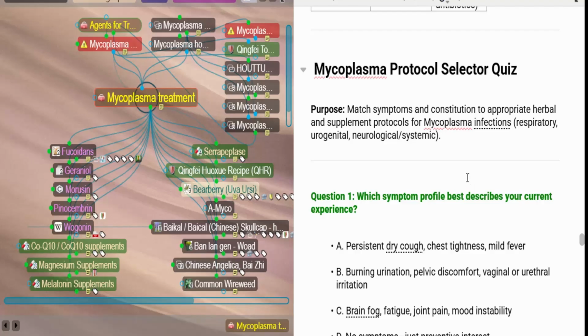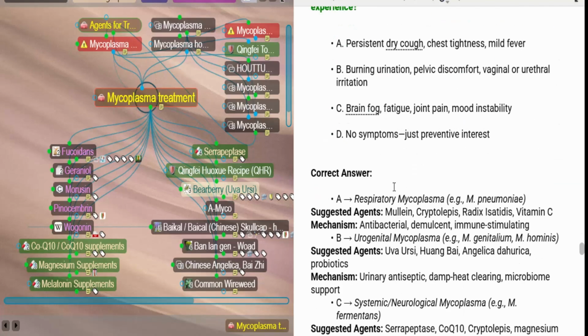This is a decision tree. So for example, if the answer is A, a persistent dry cough, chest tightness, and a mild fever, you would go down under the correct answer to A and see that you're likely dealing with respiratory Mycoplasma. The suggested agents are listed here, the mechanism involved as well.